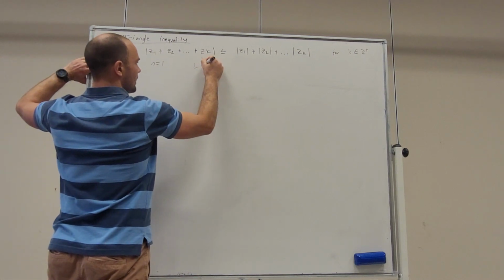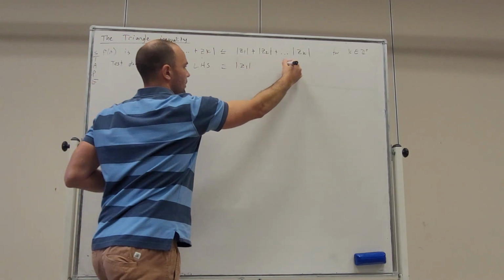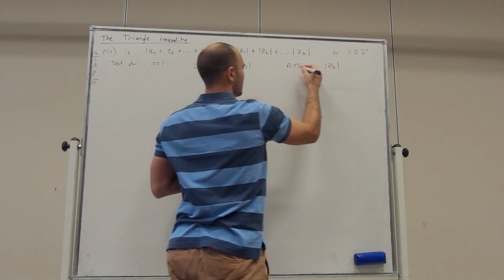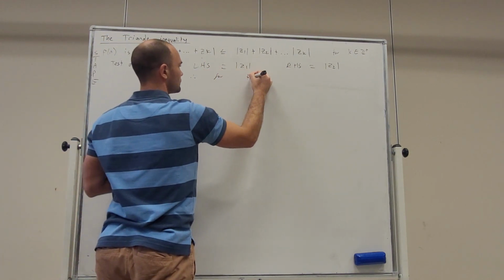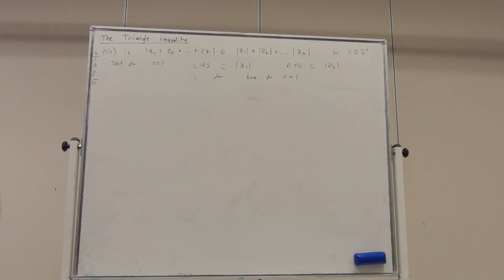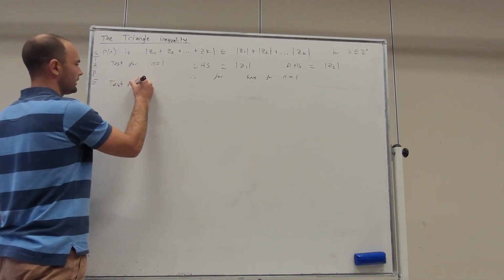The left-hand side is just going to be the modulus of Z1. The right-hand side is going to be the modulus of Z1. Therefore, true for n is 1. All right, when n is 1, we have equality. We don't have greater than or equal to, we have equality. So let's test for n is 2 to see if we can get the inequality.